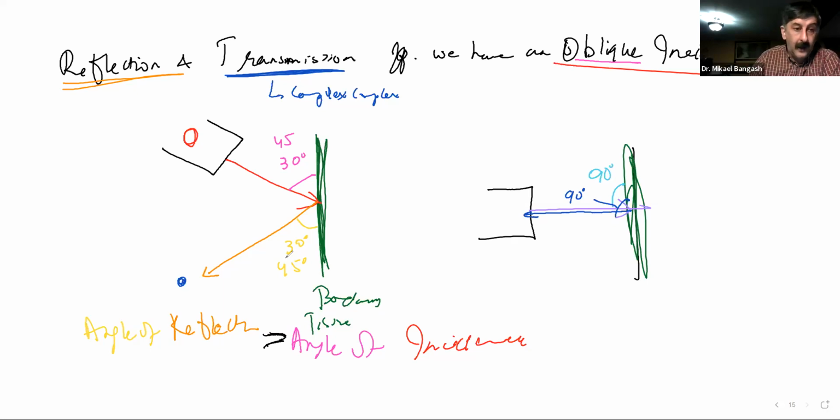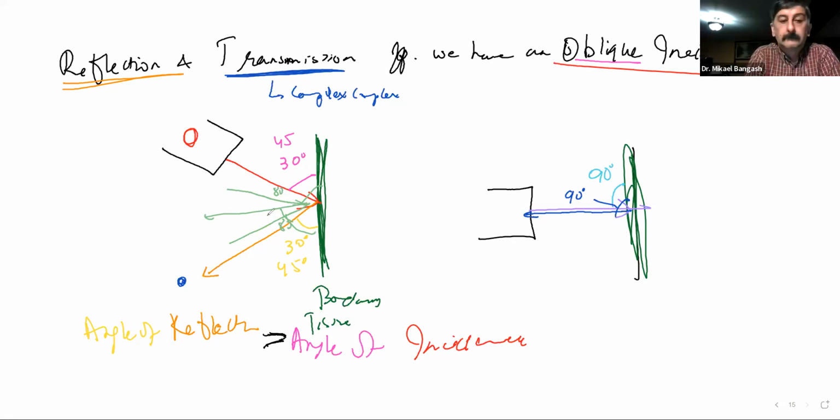Had it been, let's just say, 80 degrees, then your angle of reflection will also have been 80 degrees.